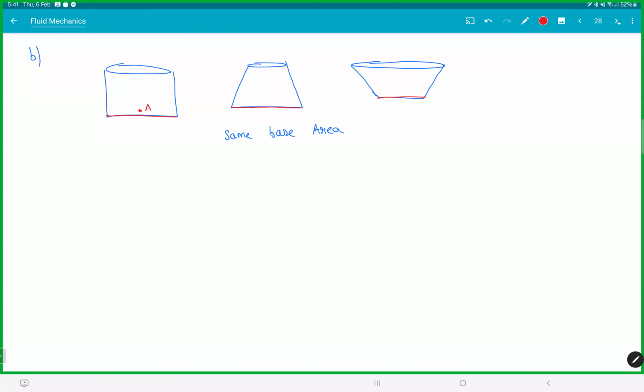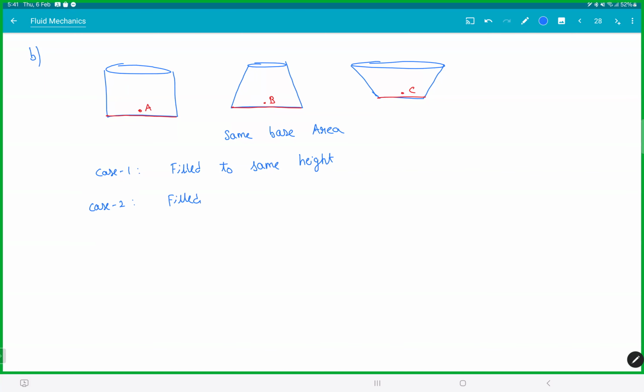So here there is point A, here there is point B, here there is point C. Case 1, they're filled to same height. Case 2, they're filled the same volume.